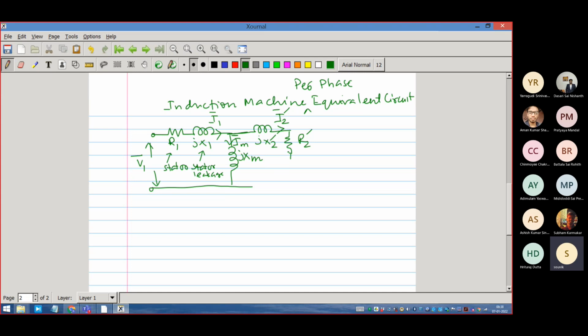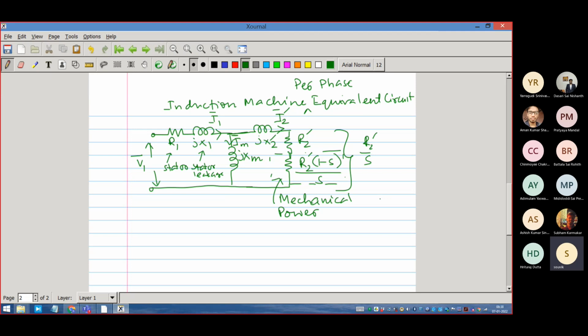So in the model, the amount of mechanical power that is going out can be represented by a resistance, that is R2 dash into 1 minus S by S, so that overall the resistance appearing to the machine is R2 dash by S. That is the equivalent circuit resistance, out of which this part is responsible for mechanical power.